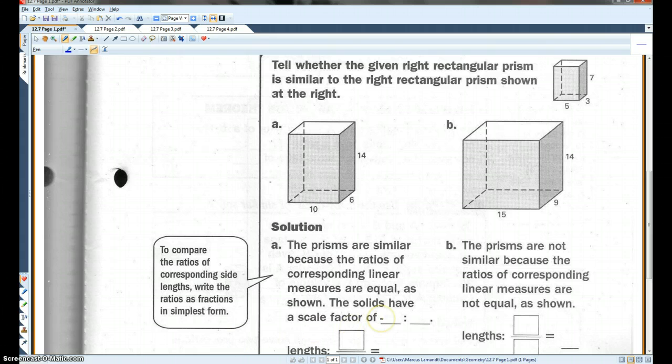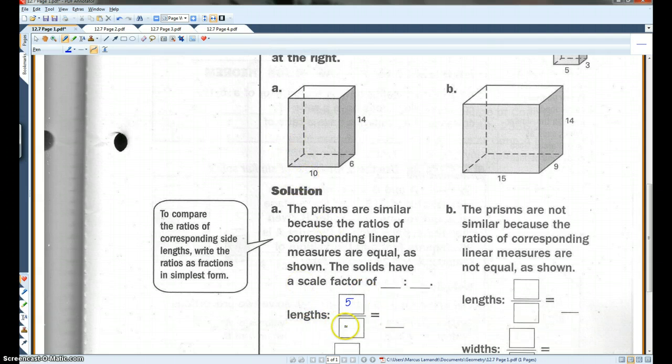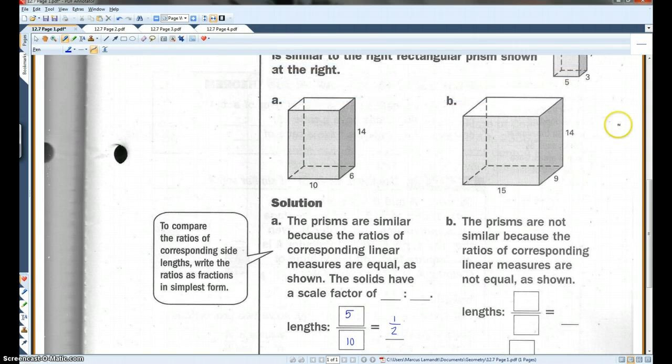If we look at their lengths, this one has a length of 5. The other one has a length of 10. If you simplify this, you have 1 over 2. The widths, we have 3 to 6.